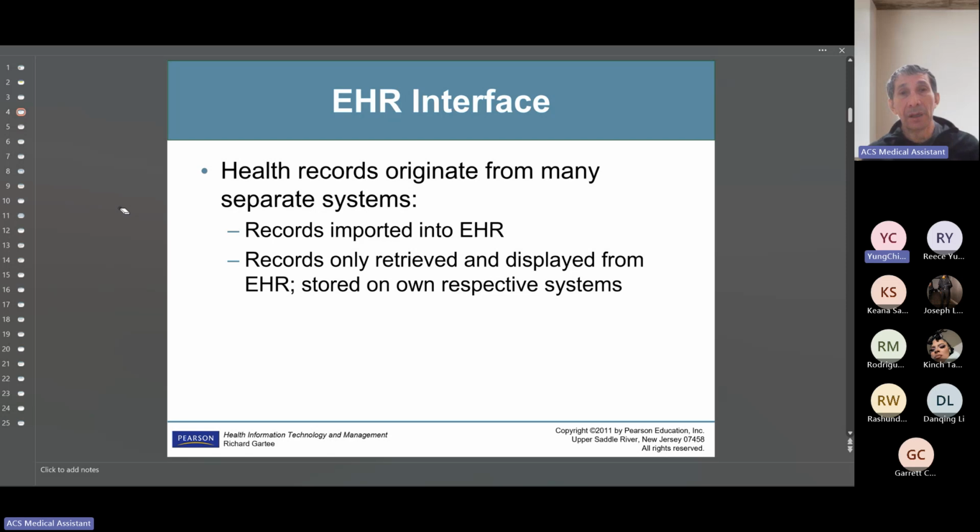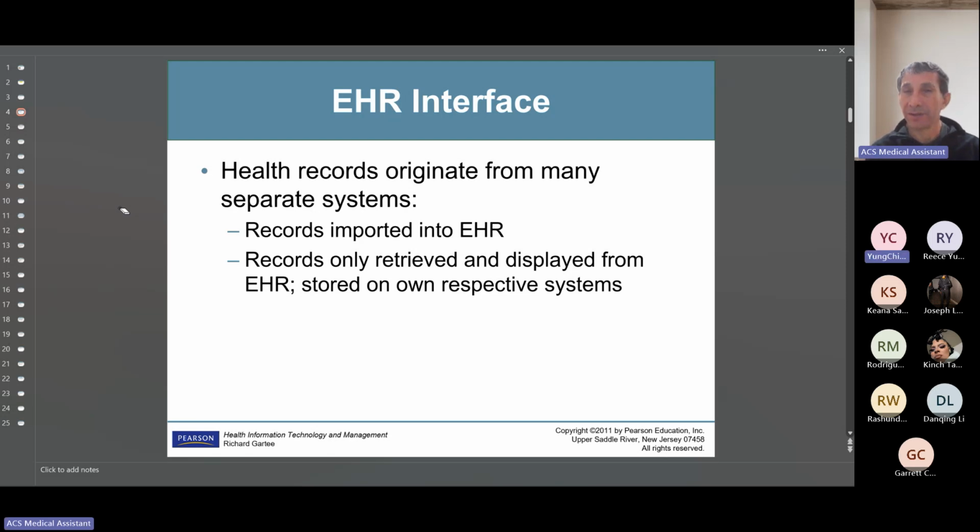Okay, EHR. Remember, we talked at the beginning about electronic medical records and electronic health records. It's going to be a question for you. You need to know the difference between those two. We discussed this already, but I'm going to repeat it one more time.